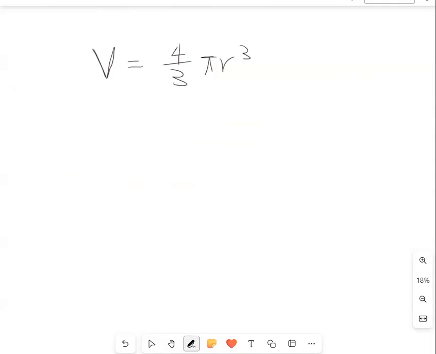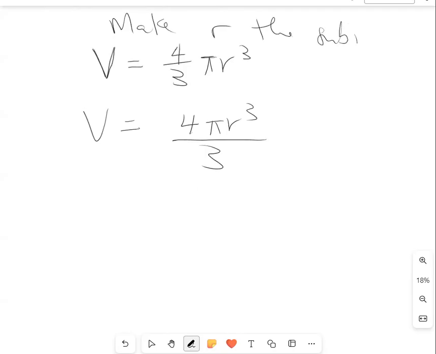Sometimes you can write this as V equals 4 pi r cubed over 3. And let's say you want to make R the subject, for whatever reason.